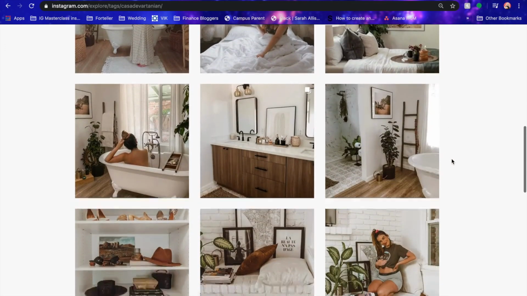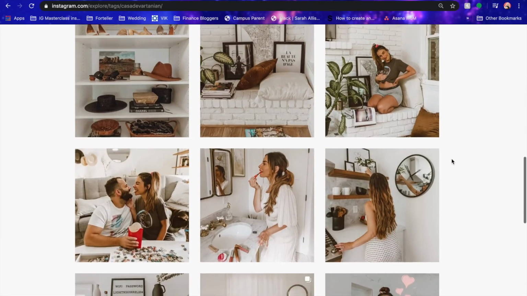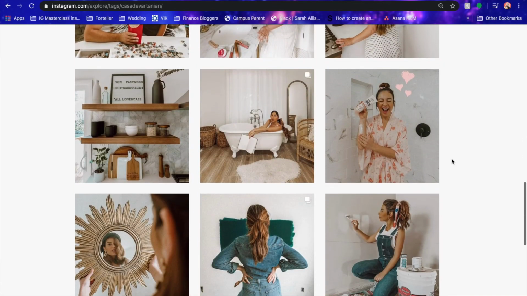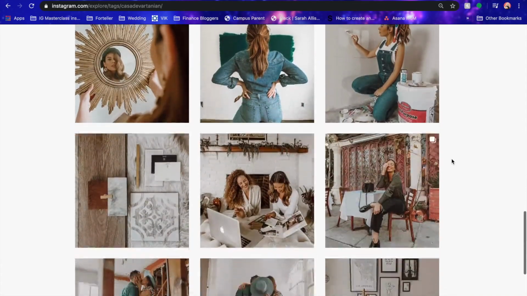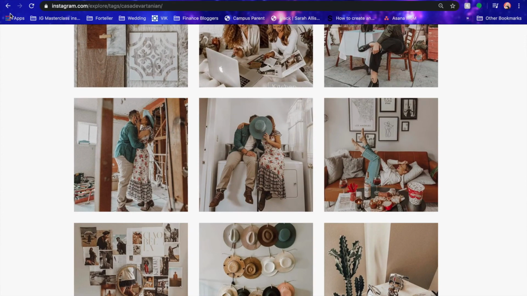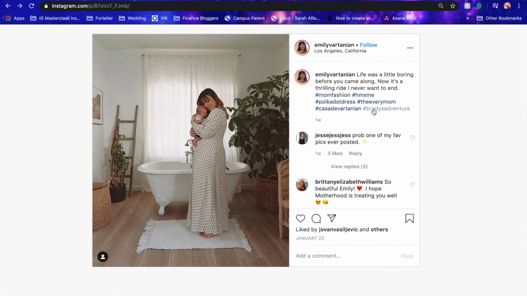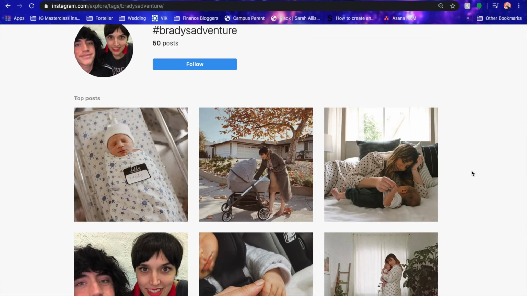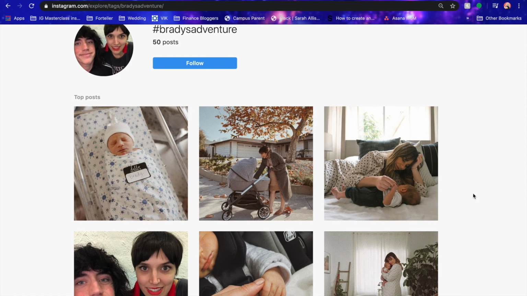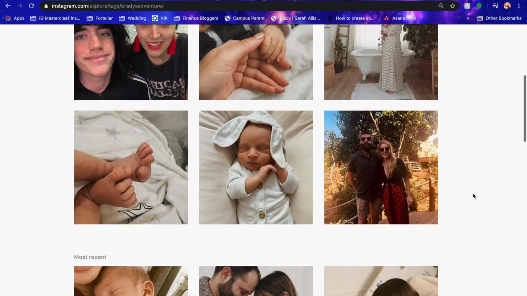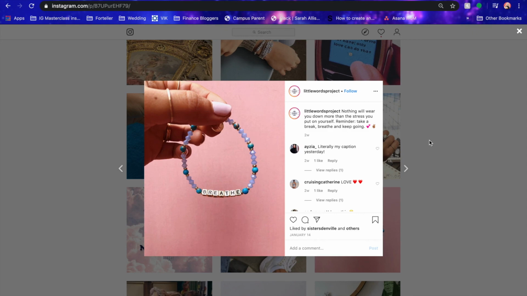As you can see here, Emily focuses on talking about her house and different things within her household. And if you click on Brady's Adventure, you're absolutely going to see all of the new posts she posts about her son.